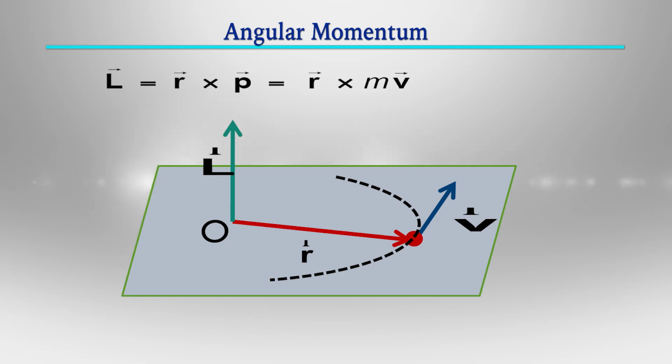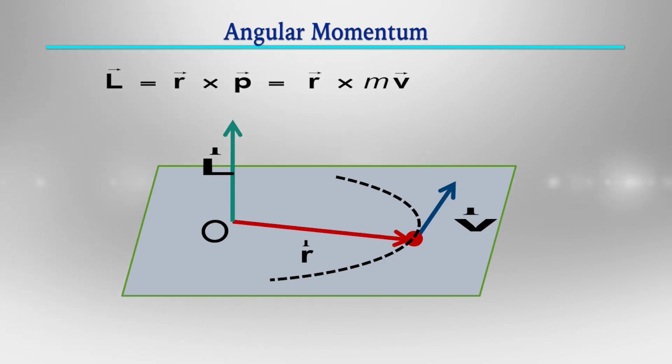Now suppose we consider a particle moving and the position vector at any particular point is r and its velocity at that point is v. Let us define a plane that contains these two vectors r and v. So the angular momentum is going to be directed perpendicular to this plane.